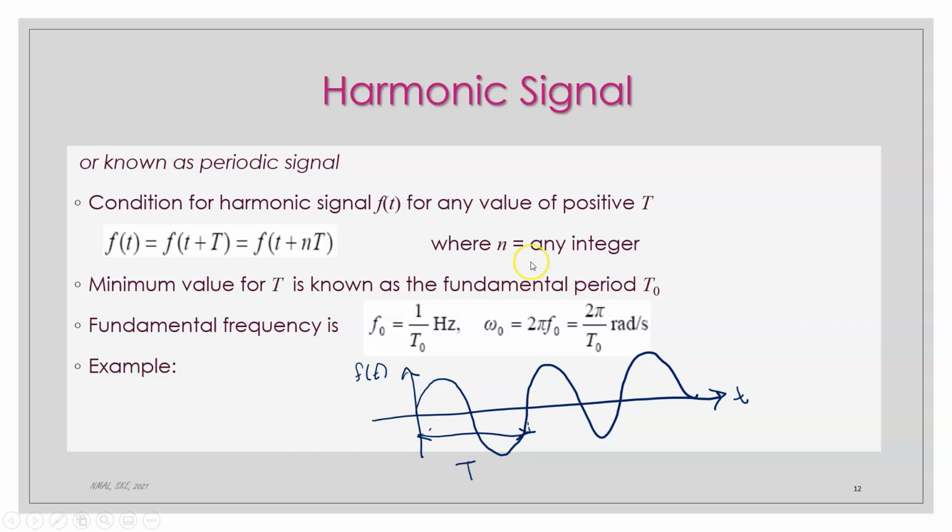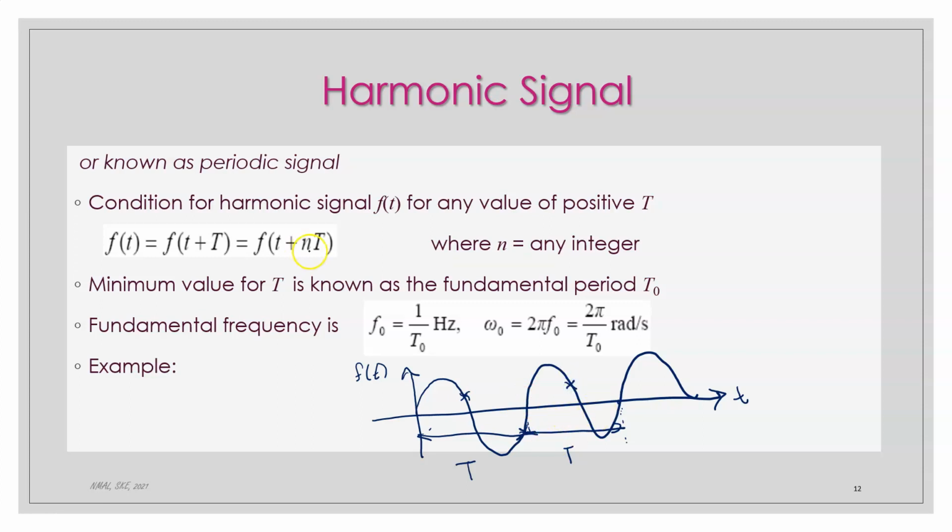And n is any integer, which means that this duration must always be the same as this duration, and so on. When we say f(t) is equal to f(t + T) is equal to f(t + nT), a simple example is if we take a point here, the amplitude has to be the same as another point in the first duration.